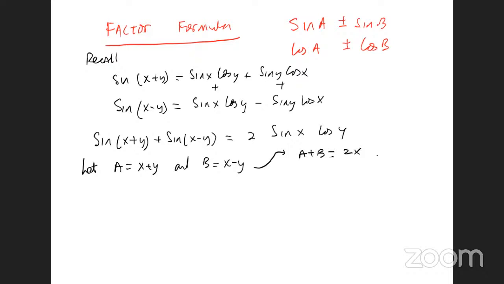So it means that x is equal to A plus B all over 2. Are you okay with that? Suppose I say A minus B. What will I get? 2y. And I could say that y is A minus B on 2.